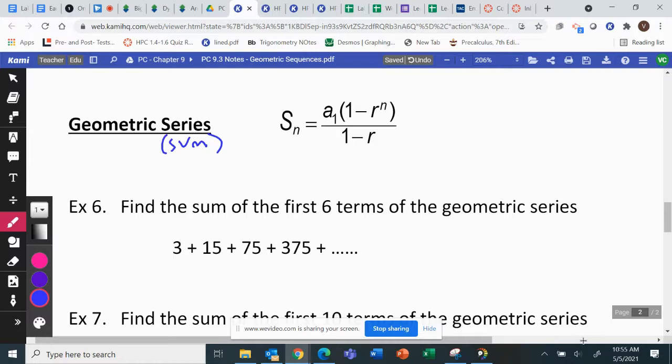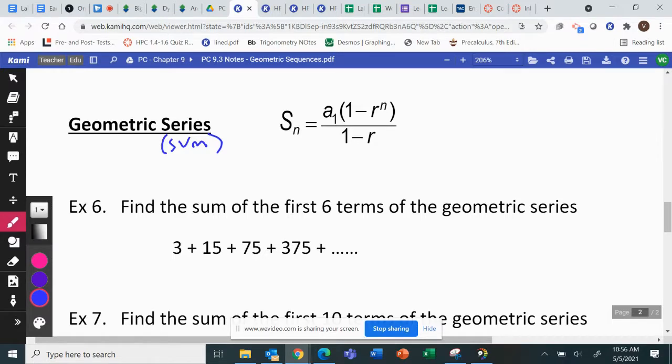What's a sub 1 stand for? First term. And what's n stand for? The number of terms. And what's r stand for? The common ratio, the thing that we just started doing today.